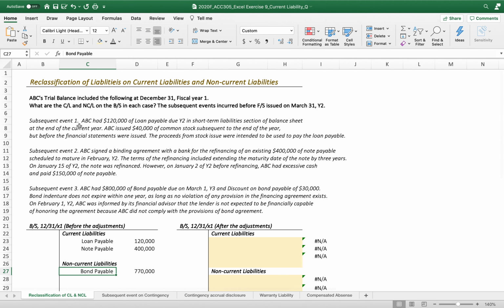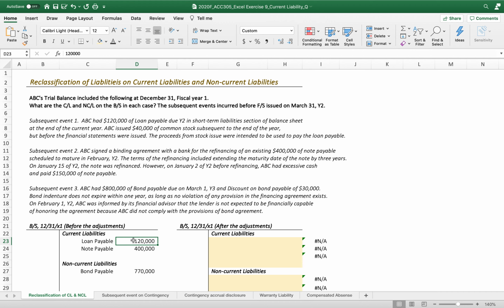First is subsequent events. A subsequent event is an event occurring after the balance sheet date, the December 31st year end, and before the issue date when the company issues the financial statements, usually around February or March. Subsequent event number 1: ABC Corporation had a $120,000 loan payable due in year 2 in the short-term liability section of the balance sheet at the end of the current year.